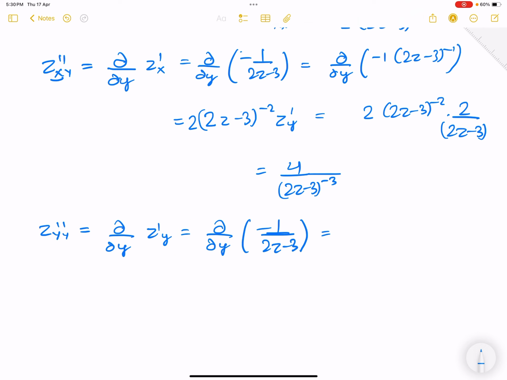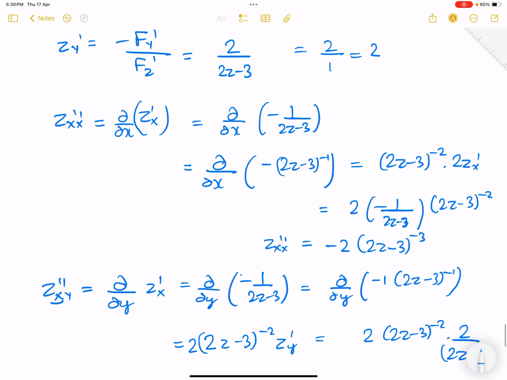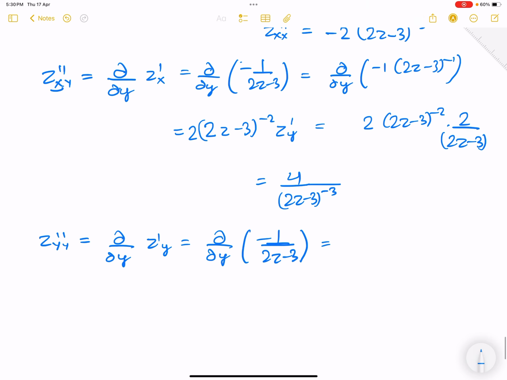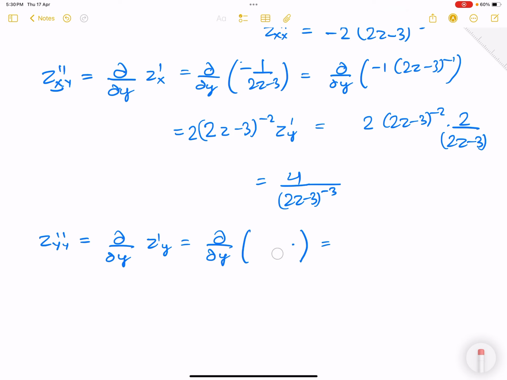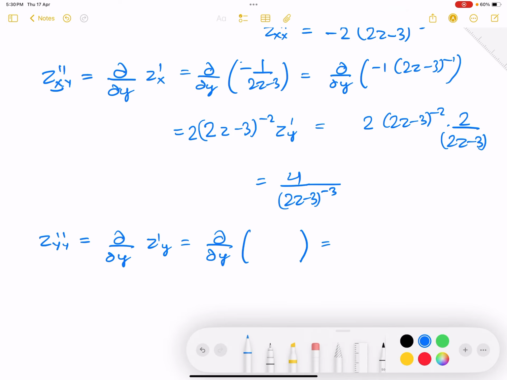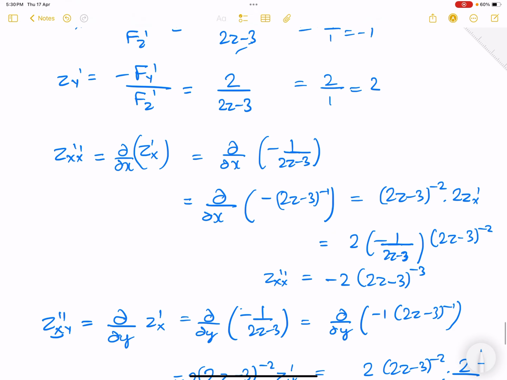Okay, the same logic that we'll use. So what we'll get is, z dash y is coming out to be 2 upon 2z minus 3.